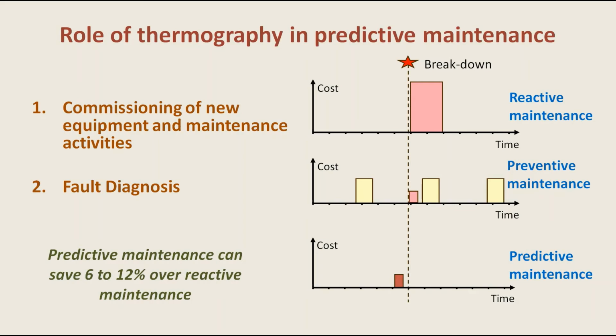Thermography is gaining importance for conducting predictive maintenance in places like manufacturing plants and malls because of the following reasons. While commissioning new equipment, thermography helps to identify probable defects at the most primitive level.